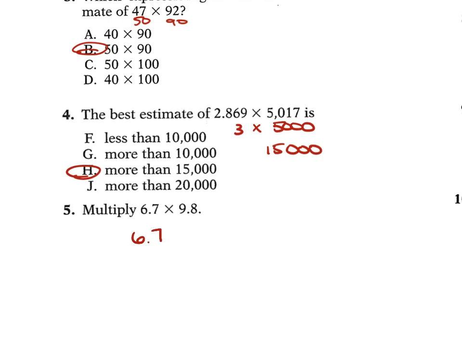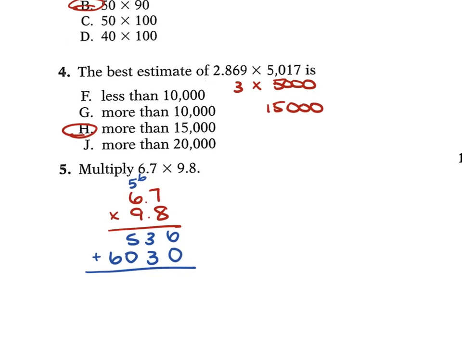For 5, we are multiplying 6.7 times 9.8. So 6.7 times 9.8. We're going to start with the 8. 8 times 7 is 56. 8 times 6 is 48. Plus 5 is 53. We add that 0 down. 9 times 7 is 63. 9 times 6 is 54. Plus 6 is 60.